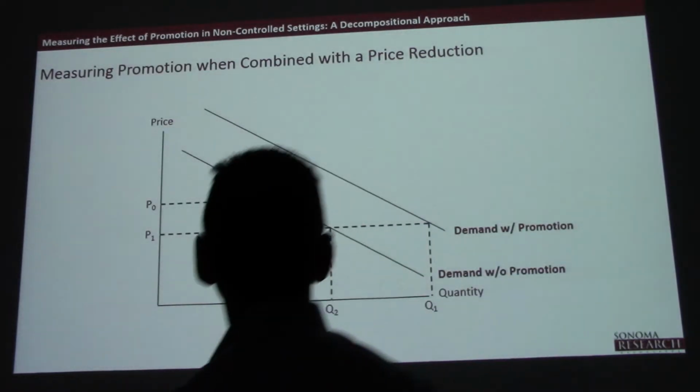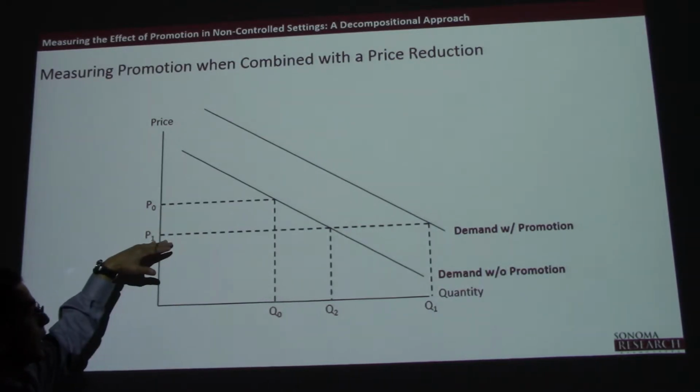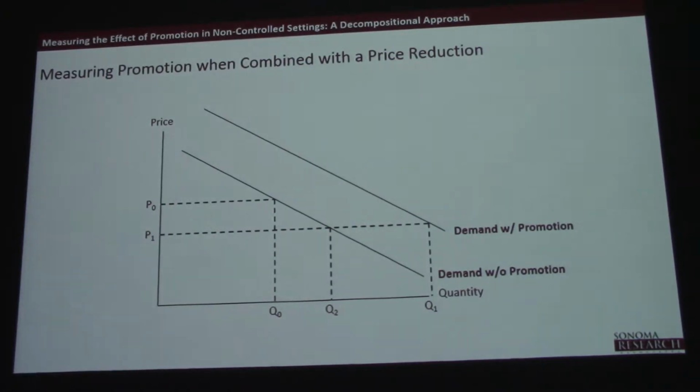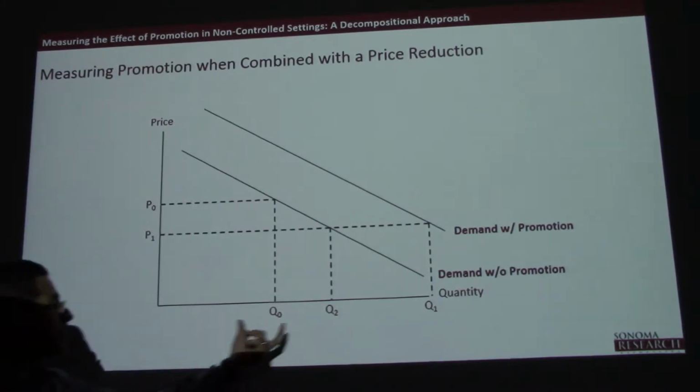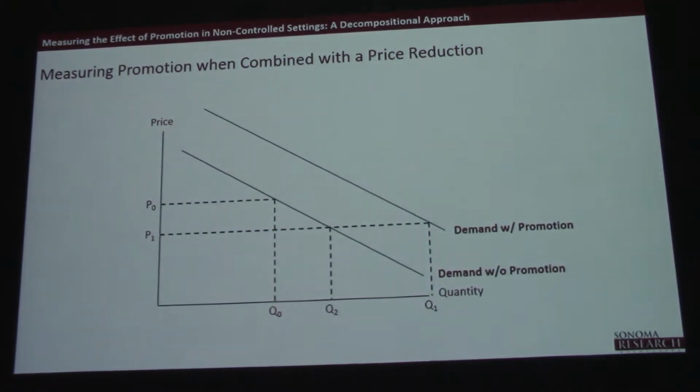quite simply, if we lower price, we were going to sell more anyways, right? And how much more were we going to sell? Well, we were going to sell this much more. Let's go back here. So that increase in sales is due to the fact that we just lowered price.